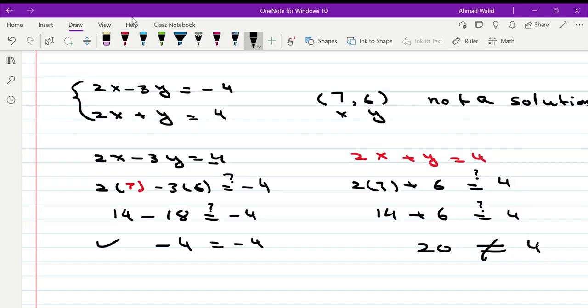If it satisfies one of them, and I'm kind of lazy, it's a test day, oh, one of them is satisfied, definitely the other one will be. Don't do this on the test day. Check both of them. Because if you just take your decision because one of them is satisfied, and both of them are not satisfied, then your answer is wrong, right? You have to check and see.